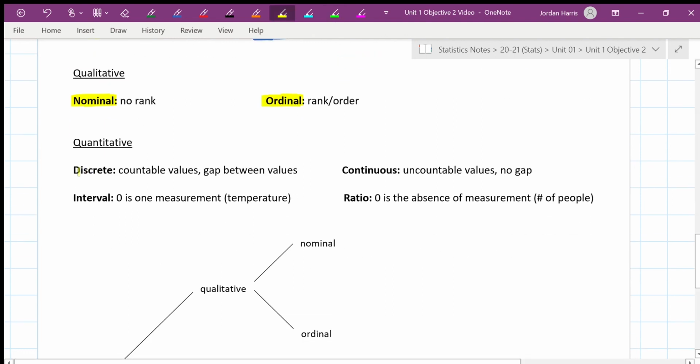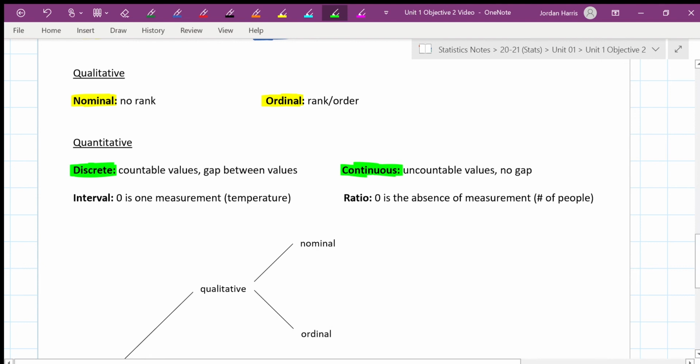Quantitative we actually have a couple different ways. So the first way to describe quantitative is discrete versus continuous. These should be math words you recognize. Discrete means countable values. There's gaps between. Okay, so discrete means 1, 2, 3, 4. Number of people is discrete. You can't have 0.5 people. It has to be 1, 2, 3.